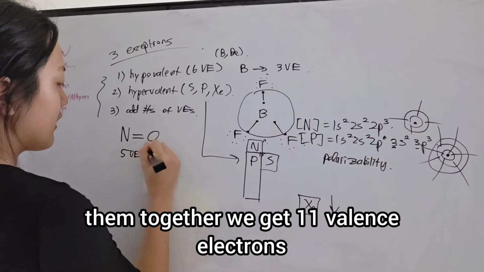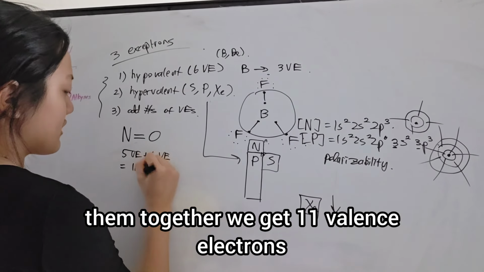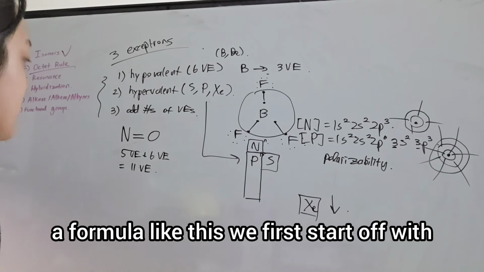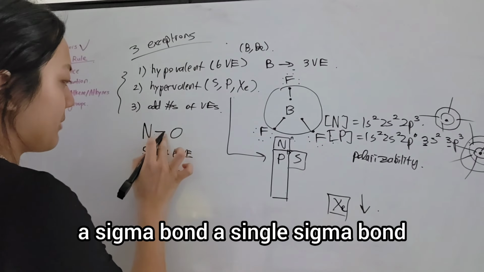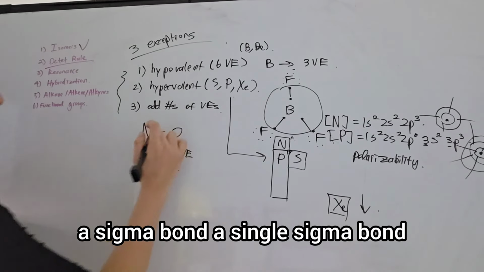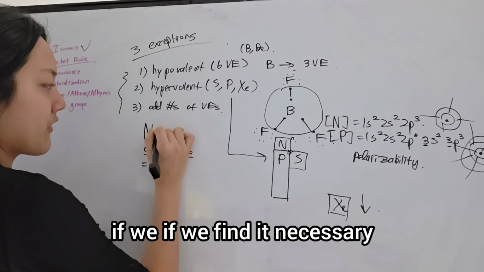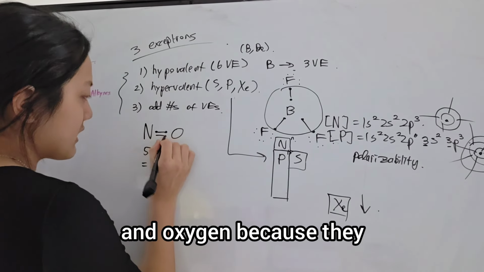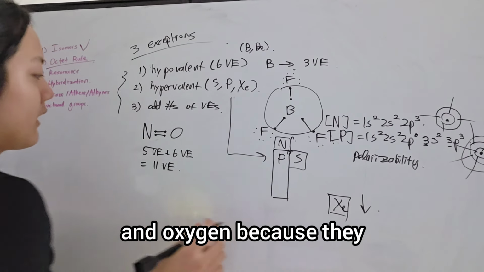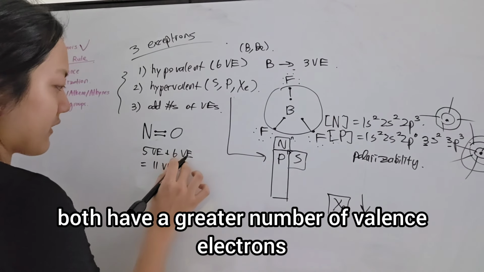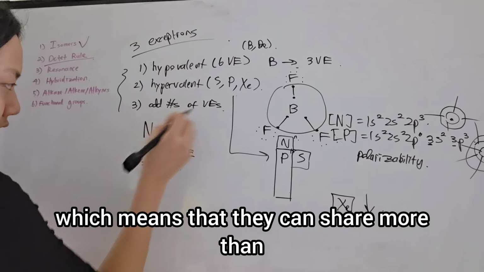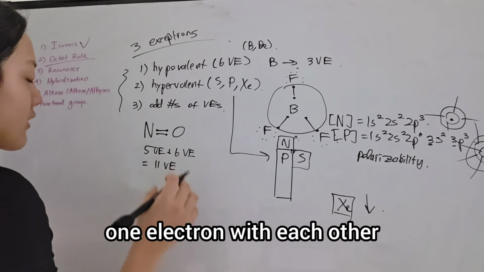We add them together, we get 11 valence electrons. That is an odd number. Now, whenever we draw a formula like this, we first start off with a single sigma bond, and then we add more if we find it necessary. For example, this is necessary for nitrogen and oxygen because they both have a greater number of valence electrons, which means that they can share more than 1 electron with each other.